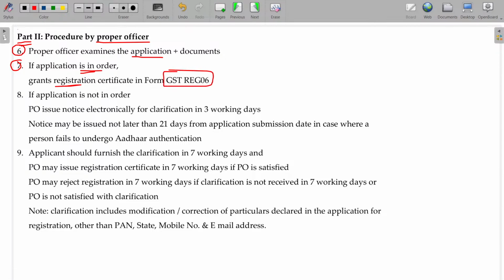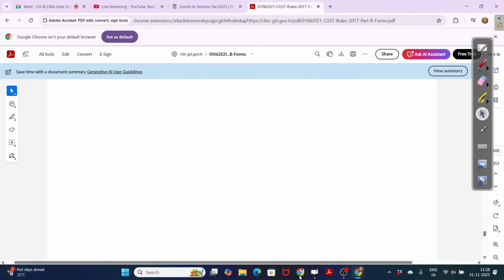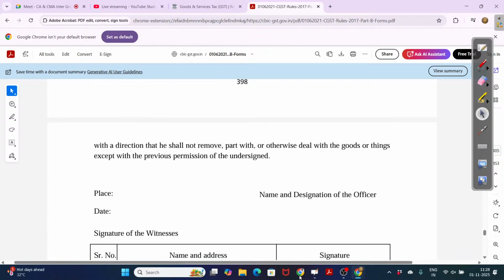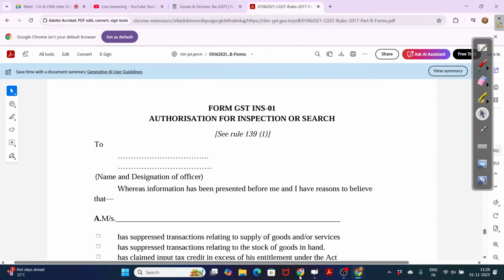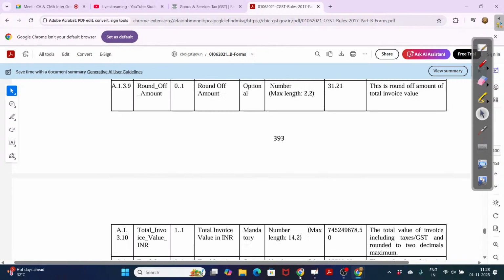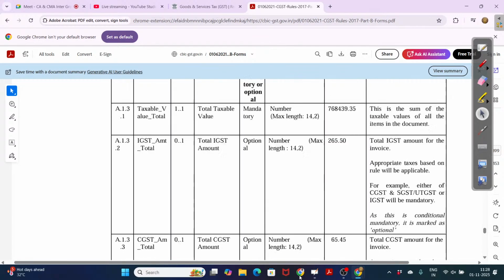How should the GST forms be, especially the GST REG forms? The INS form is all about inspection and search, not applicable at your level.